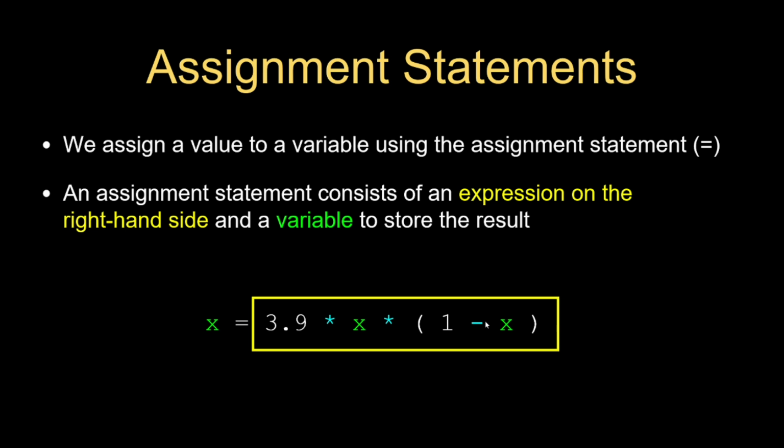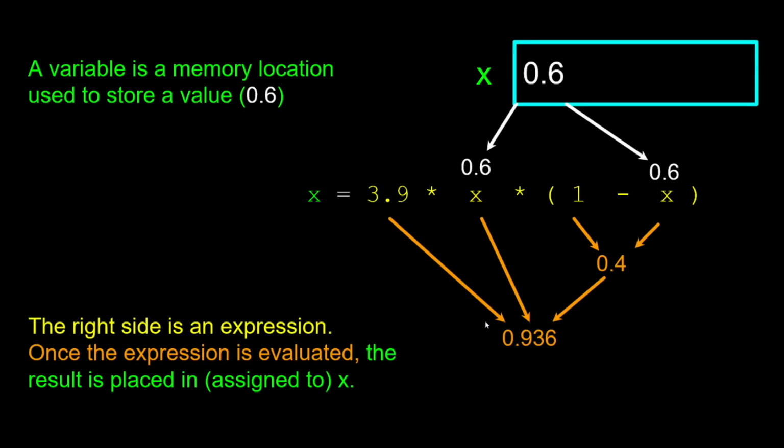We assign a value to a variable using the assignment statement. An assignment statement consists of an expression on the right side and a variable to store the result. Let's try and solve this as an example.